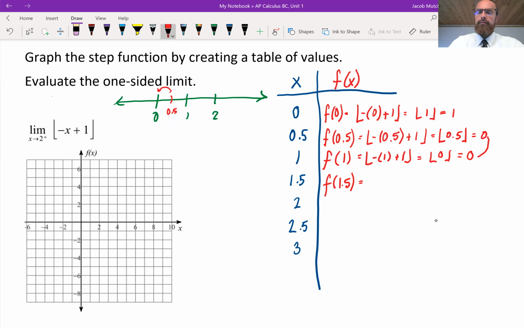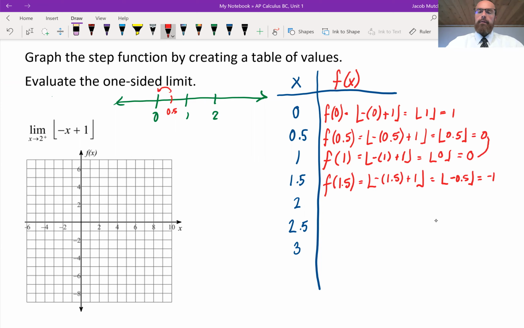So f at 1.5 is -1.5 plus 1. So that's going to become inside the step function -0.5. And the greatest integer that is less than or equal to -0.5 is going to be -1.